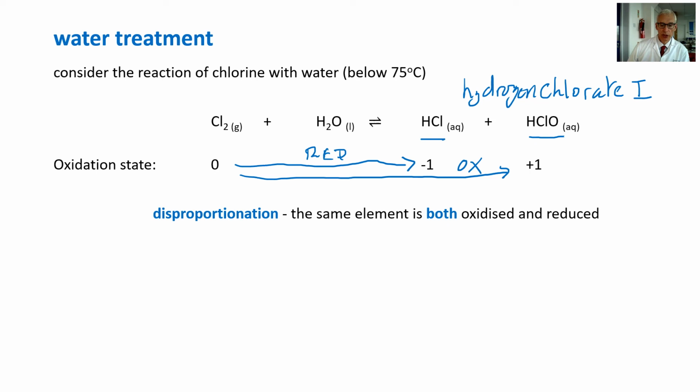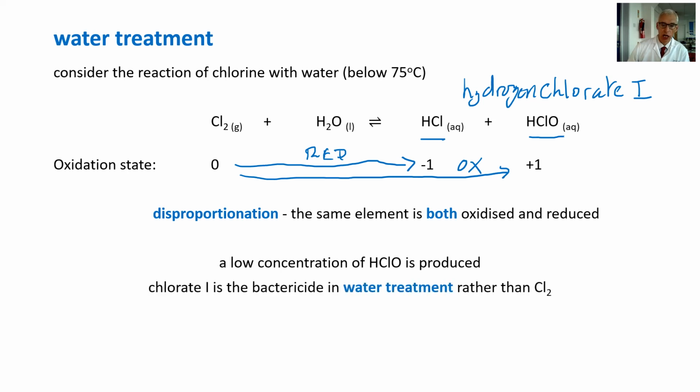You'll also notice that in the equation I've used an equilibrium sign. The equilibrium sign means the reaction is reversible. We have all 4 molecules present together at any one time, and it is thought that the equilibrium lies to the left, which leads to the conclusion that from the reaction of chlorine with water, the concentration of hydrogen chlorate(I) is quite low.